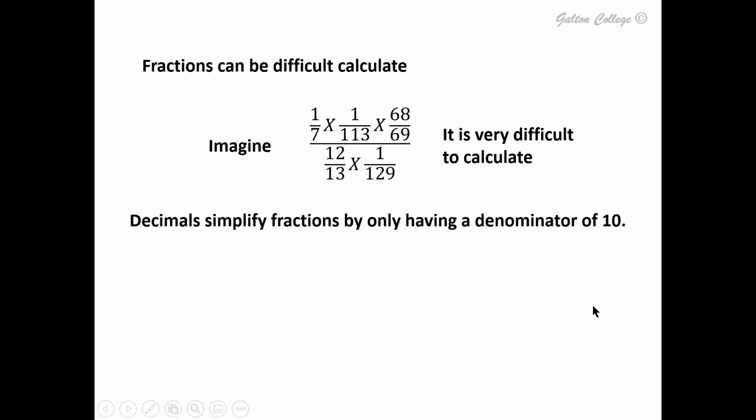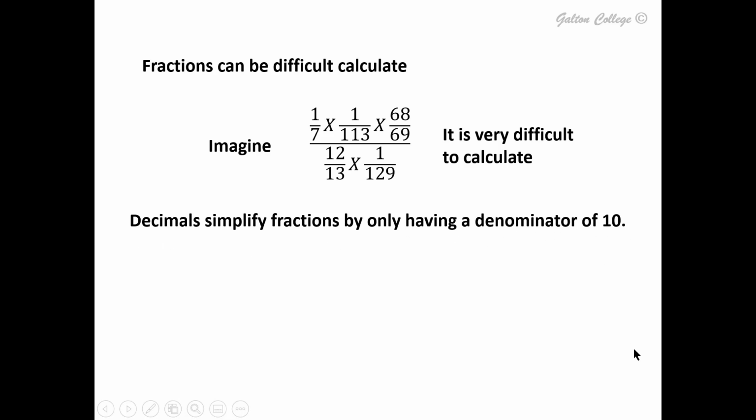Now decimals simplify fractions by only having a denominator of 10. So with decimals, all denominators, all the numbers on the bottom of the fraction, are 10. This one's 13, this one's 129. Well, both of these would be 10 if we were dealing in decimals.